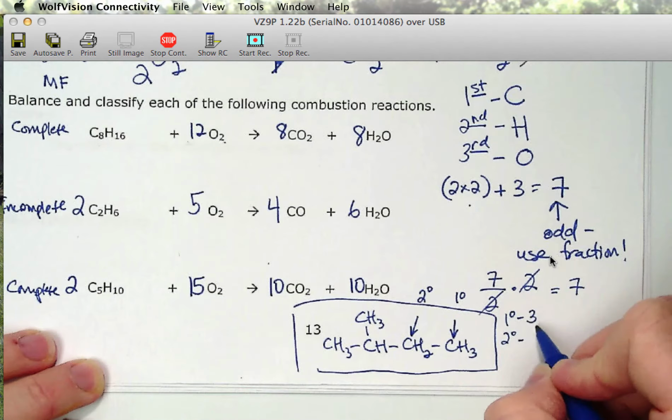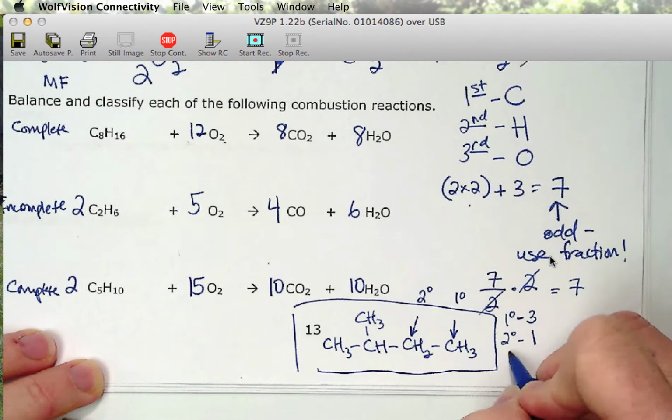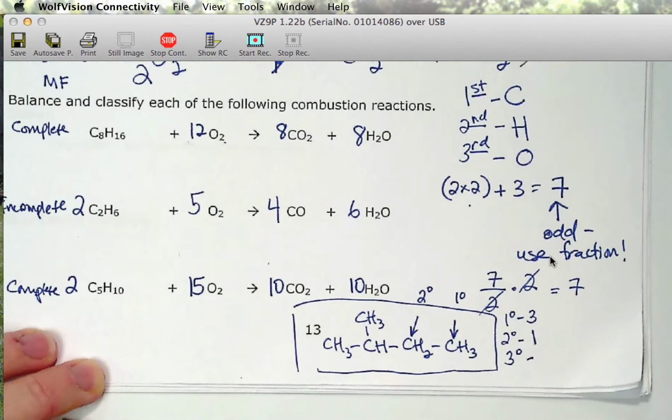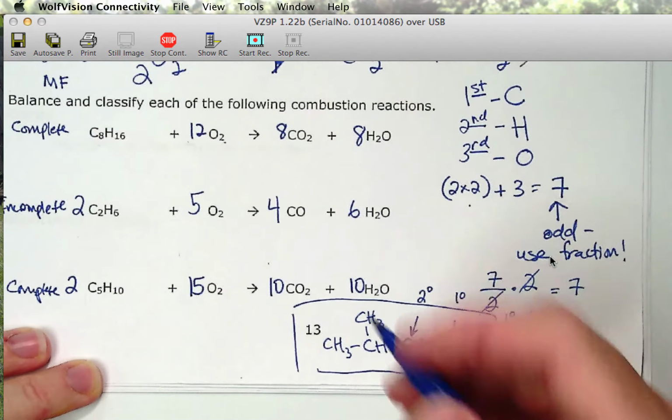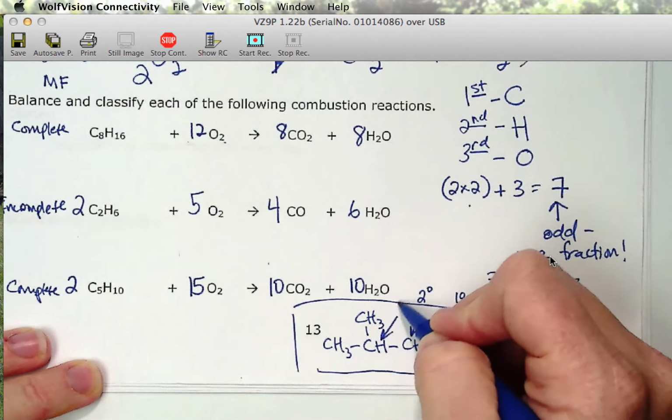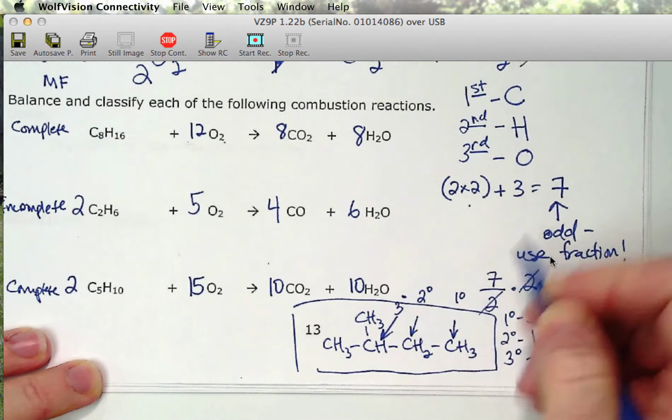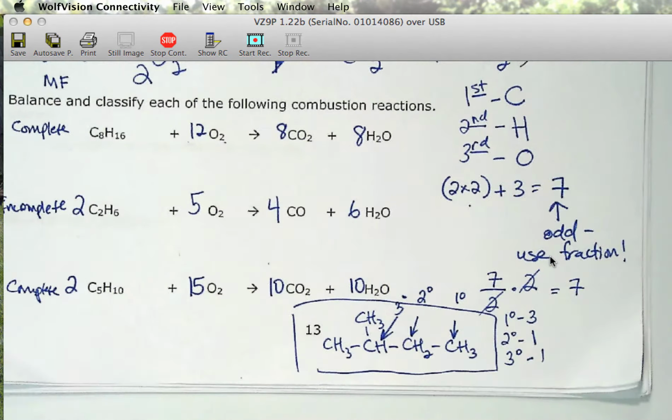And so you just have 1 secondary. What about your tertiary carbon? 1 tertiary carbon. So that's what you can expect to see in the questions that we'll ask of you.